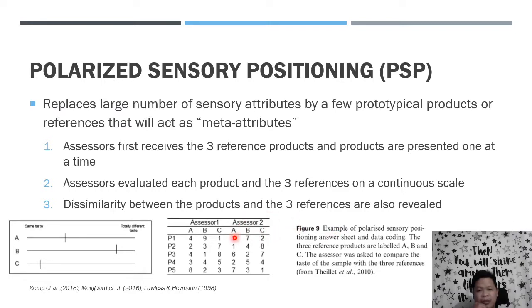So product 1 versus reference A, product 1 versus reference B, and reference C. Then of course, these are the magnitudes ng similarity or difference based on the line scale.